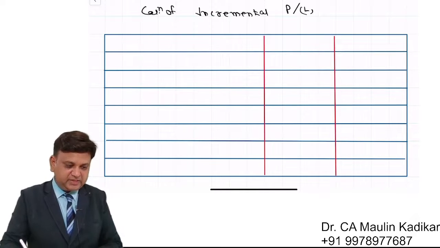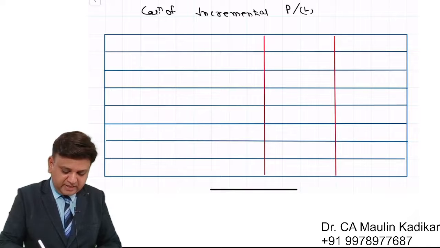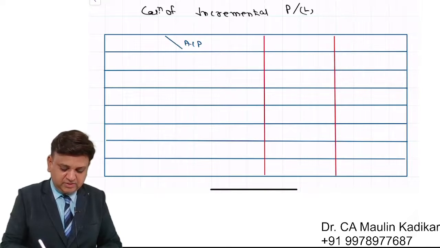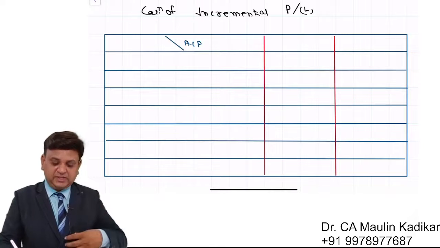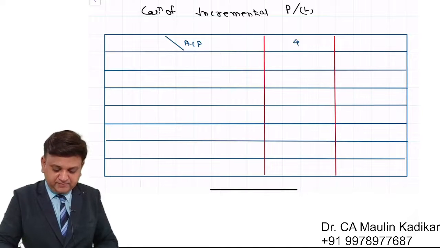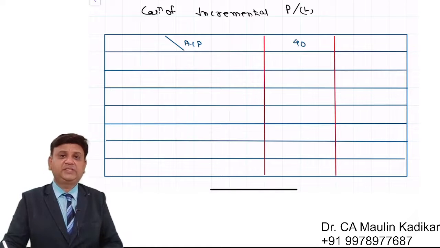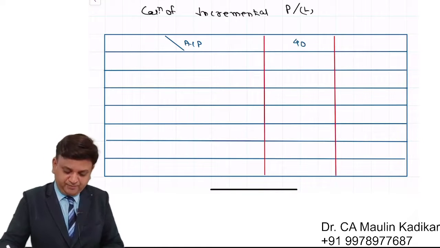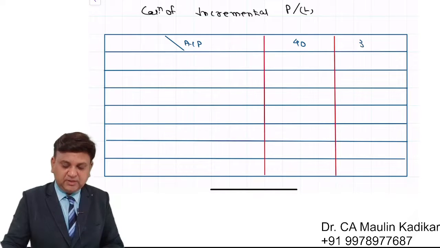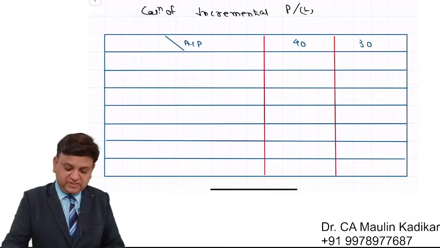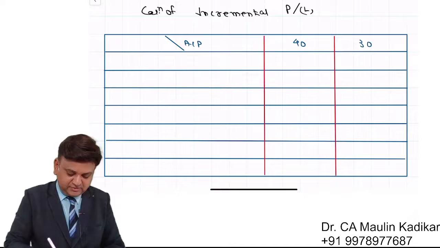Dear students, we understand that we have to make a comparison of the new policy over the existing policy. In the new policy, the collection period is 40 days. In comparison with the 50 days, what is the change that we have to write? And then 30 days that we are required to compare with the existing one. So that is 50 days.